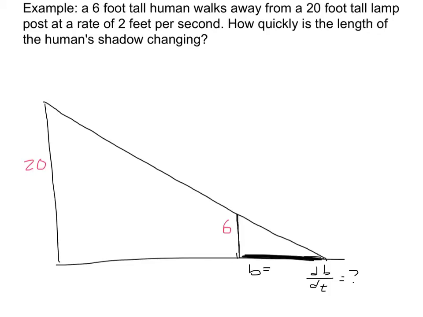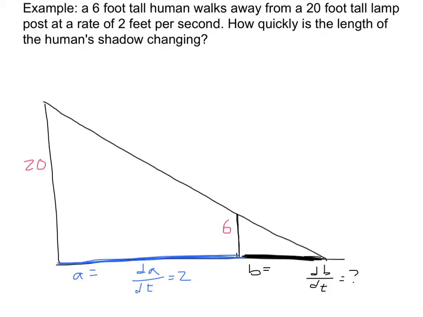My thought is that if they're walking away from a lamppost at a rate of 2 feet per second, it basically means that the distance between them and the lamppost, whatever that distance may be, that distance is increasing at a rate of 2 feet per second. Now, what's weird about this problem is we don't know what A or B is, and we're going to have to deal with that. We're going to have to work this out.